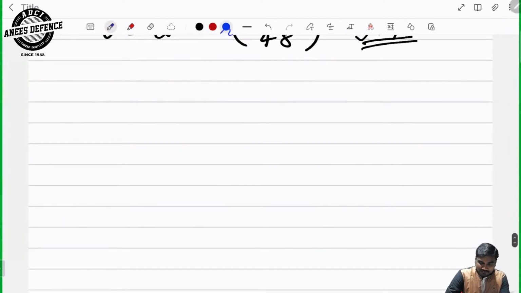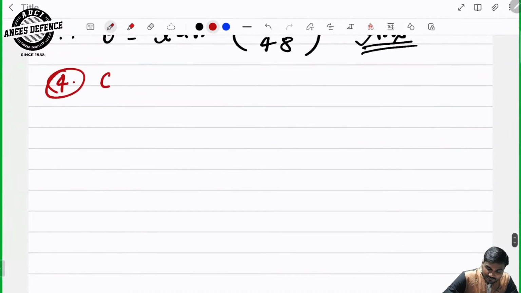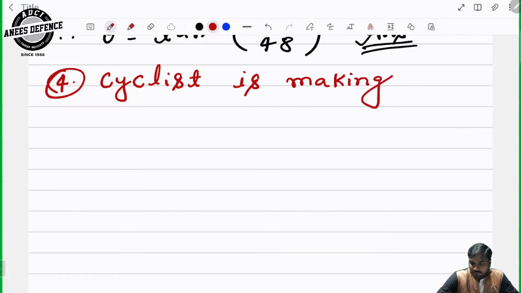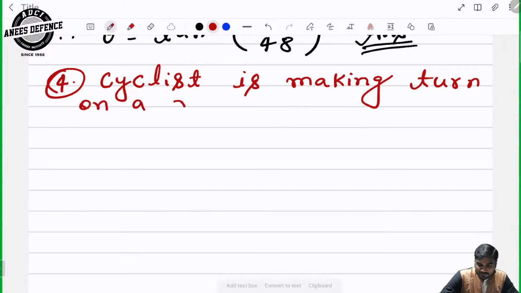Next application. Application number 4. Right? A cyclist is making a turn on a rough road.